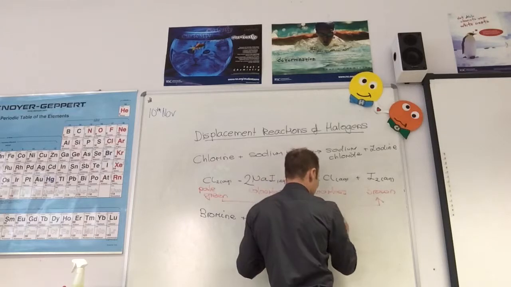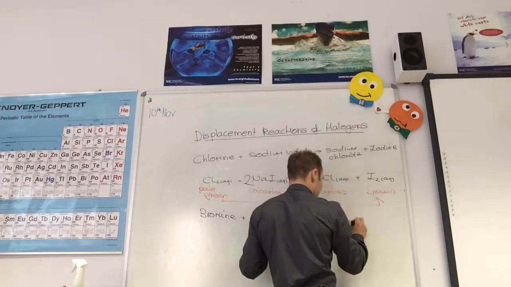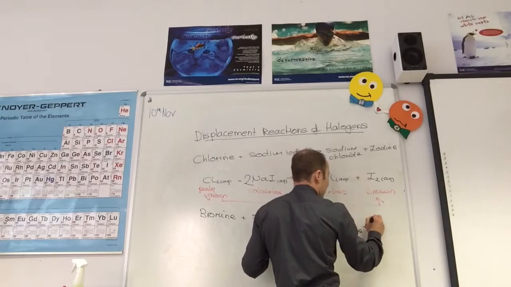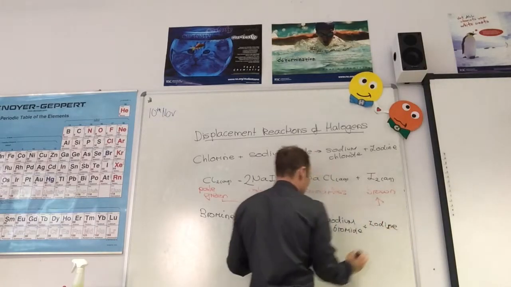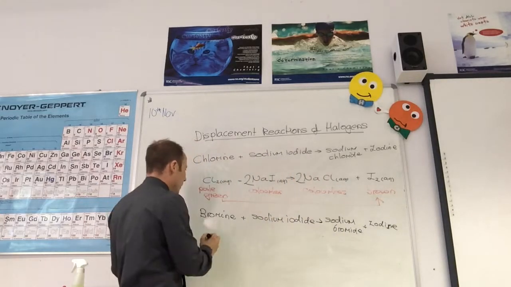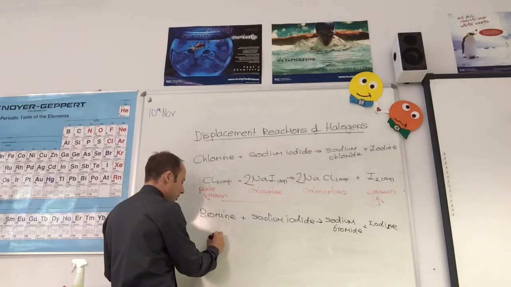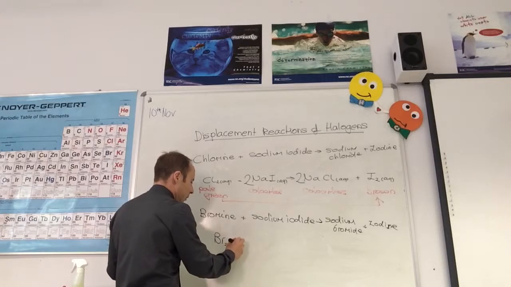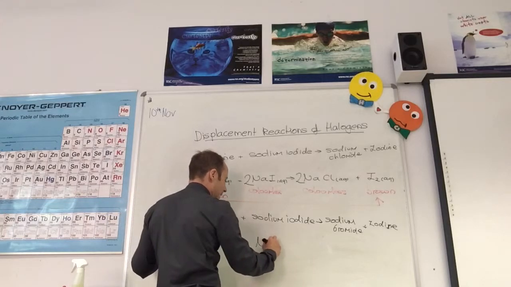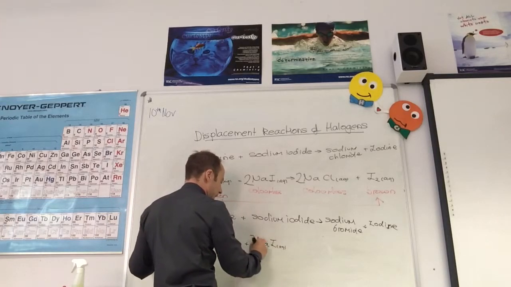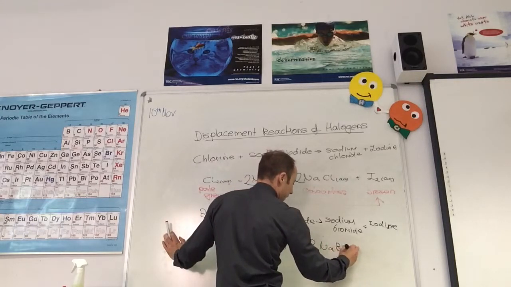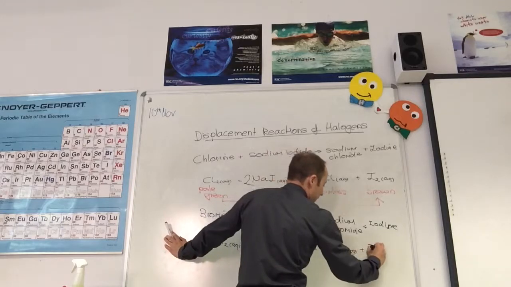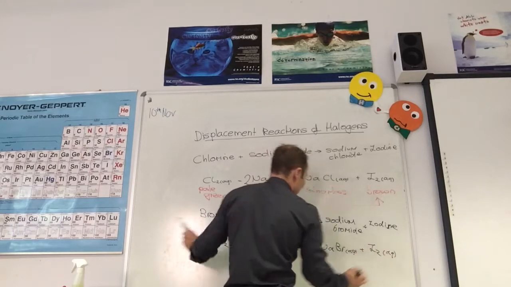Sodium bromide and of course iodine. Let's quickly whiz through our simple equations. Br2 aqueous plus NaI aqueous, and that's two of those, gives 2NaBr aqueous plus I2 aqueous.